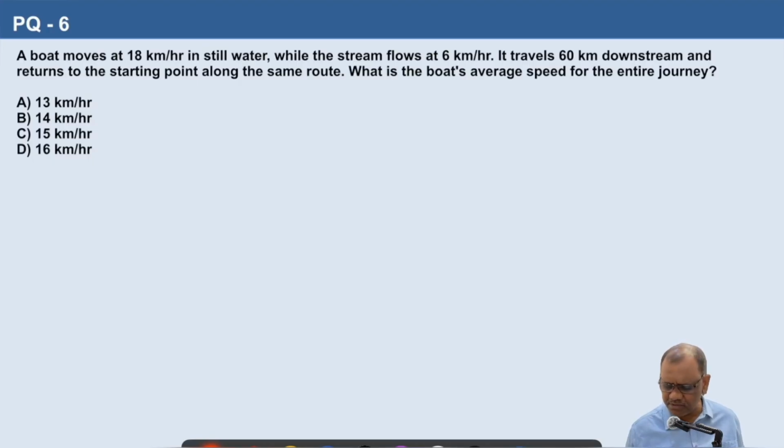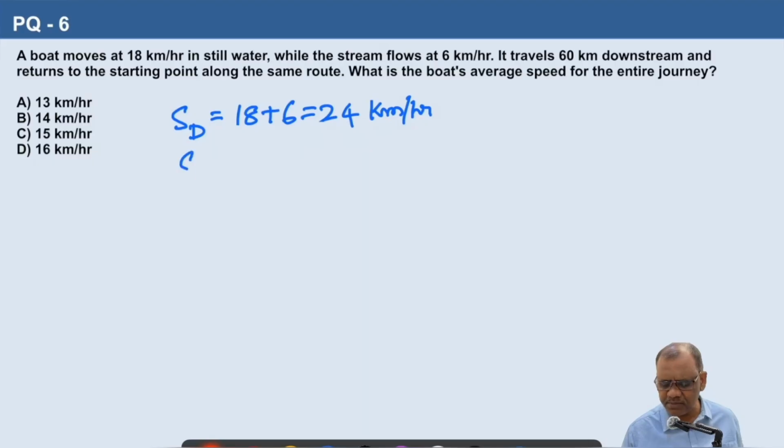Speed in downstream is 18 plus 6, that is 24 kilometers per hour. Speed in upstream is 18 minus 6, that is 12 kilometers per hour.